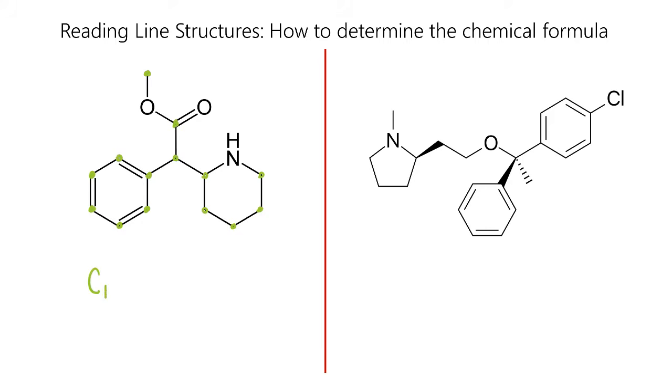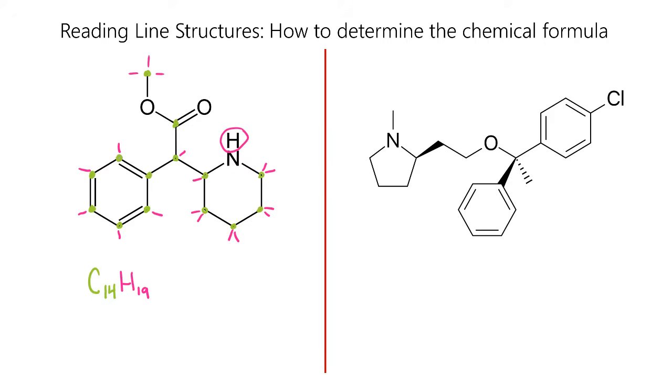So we have C14. Finding where our hydrogens would go, 1, 2, 3, 4, 5, 6, 7, 8, 9, 10, 11, 12, 13, 14, 15, 16, 17, 18, 19. So it would be H19.